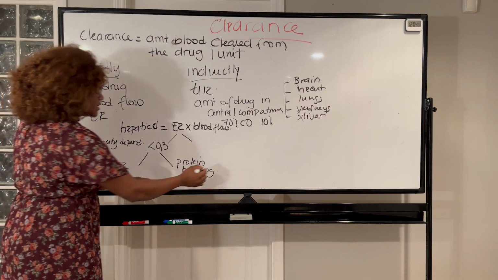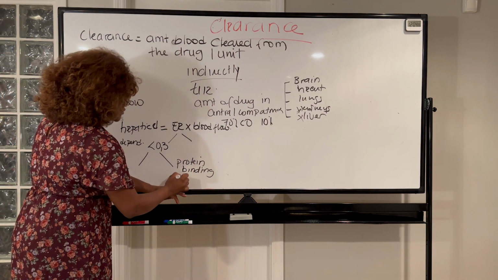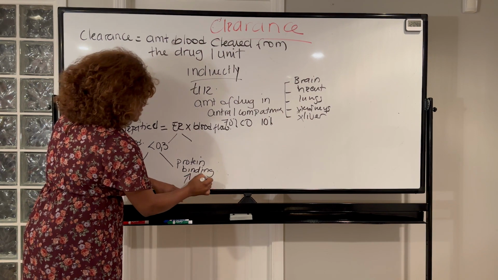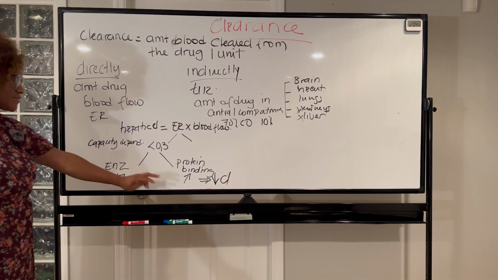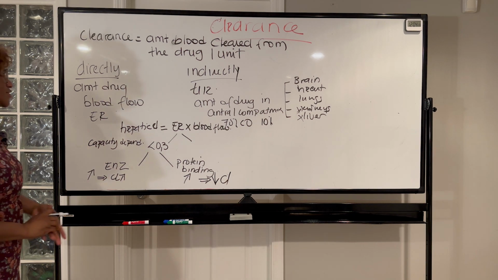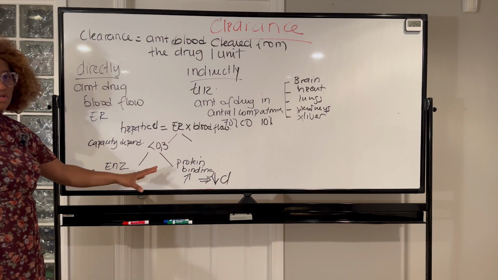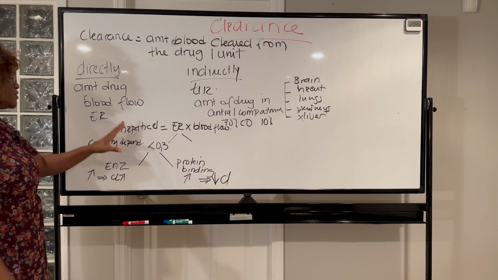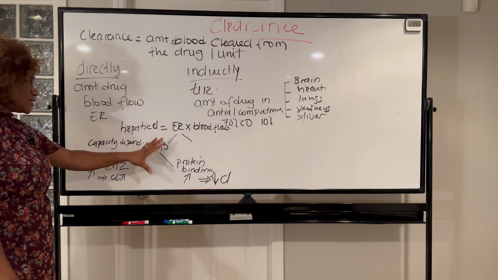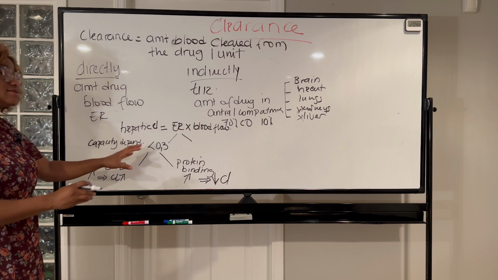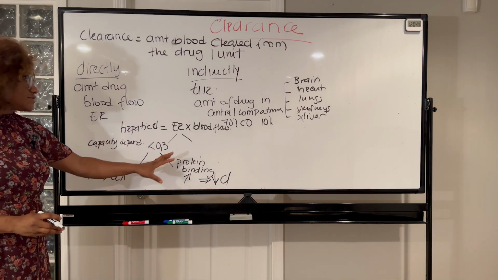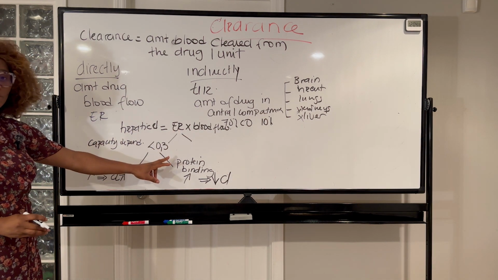So if we have an increase in our protein binding activity, we're going to have a decrease in the clearance. This is why the extraction rate is really important, especially when we talk about hepatic clearance, because it's a system that works capacity dependent when the hepatocytes are not able to pick up the drug.